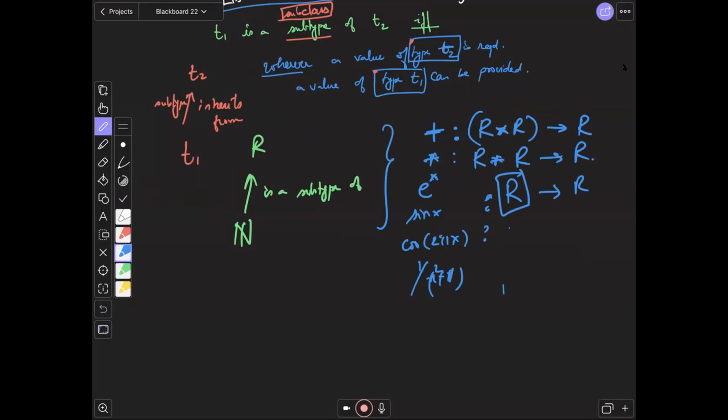So wherever I need to use a real number, I could always say take the natural number 5 and think of it as the real number 5.0. On the other hand, the reverse does not hold. Real numbers are not a subtype of natural numbers because there are operations involving natural numbers that could not normally be done using real numbers.